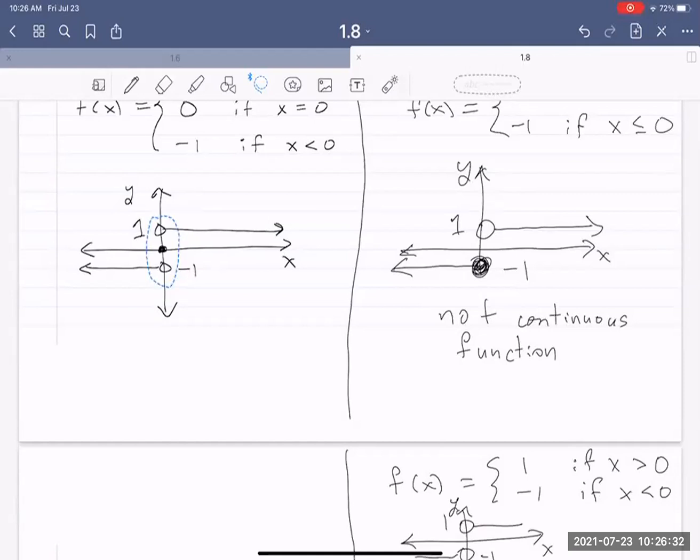So I see it and I see that I can't join them. X equaling 0 still is in the domain and I see that it's not continuous. Therefore, this is not a continuous function.